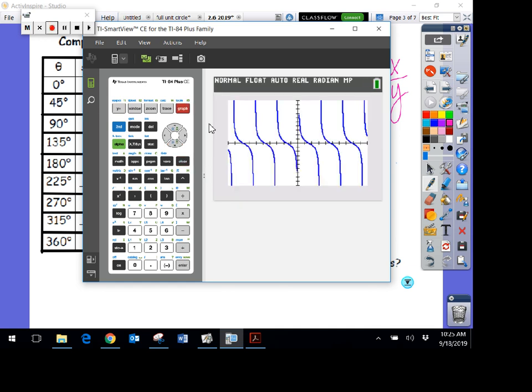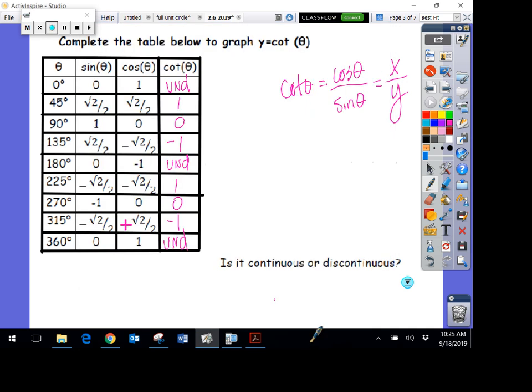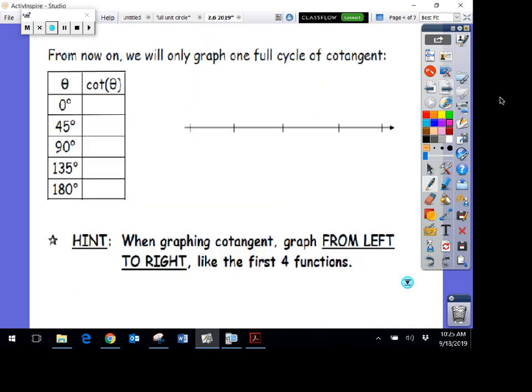So with cotangent, we're back to starting at the C value on the far left, because our first value right there is 0. On our parent function, our C value is 0, so that is going to give us that one full section right there. So we are going to start at 0 degrees, and just like the table told us, the cotangent of 0 degrees is undefined, because that is 1 over 0.